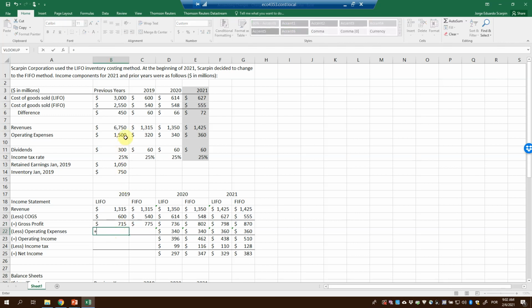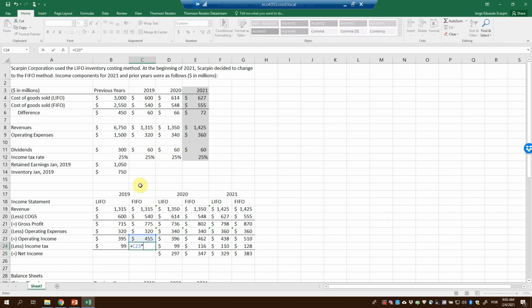Operating expenses 320, FIFO and LIFO. Operating income, gross profit less operating expenses. Income tax, operating income times the income tax rate, 25.